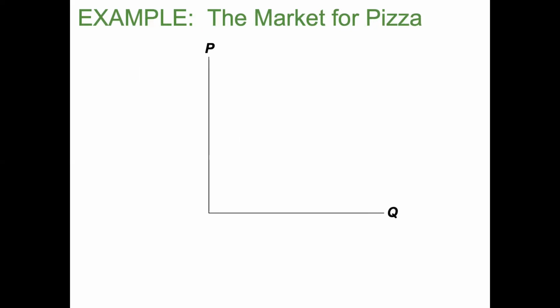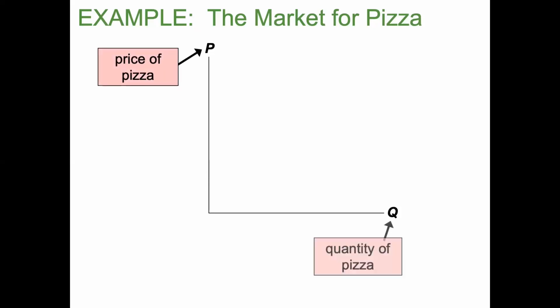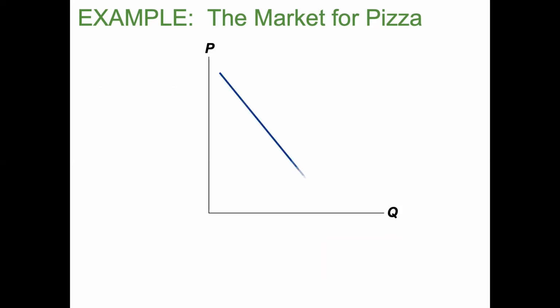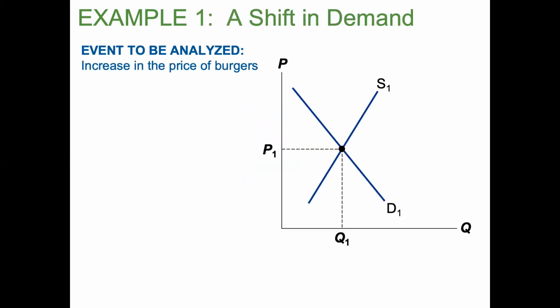You have the price of pizza on the vertical axis and the quantity of pizza on the horizontal axis. We draw the downward sloping demand curve and an upward sloping supply curve. The point of intersection is the equilibrium price and quantity.